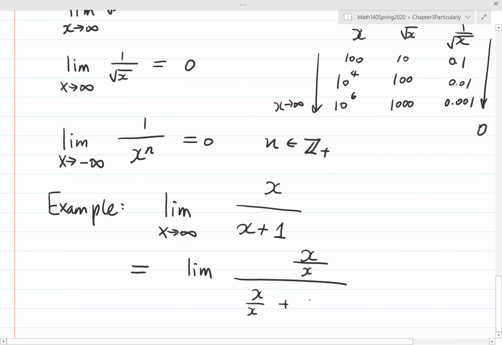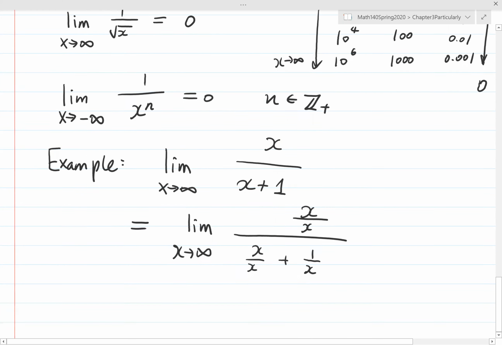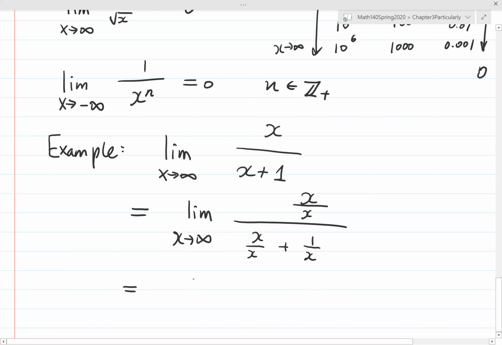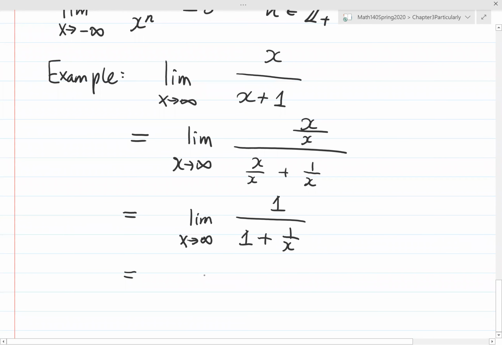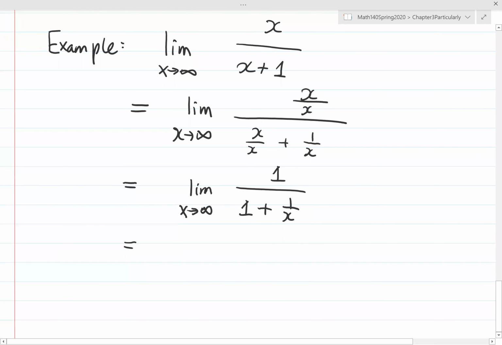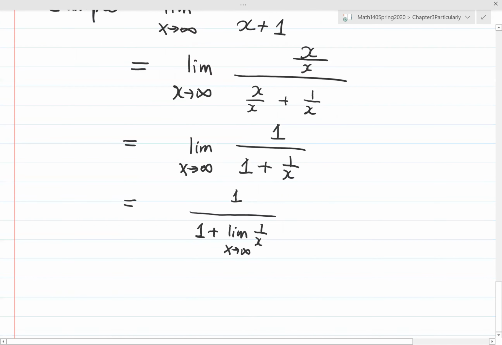Every term divided by x: x divided by x gives 1, and 1 over x stays 1 over x. Now use limit laws so we can distribute: the limit is 1 over 1 plus the limit as x approaches infinity of 1 over x.